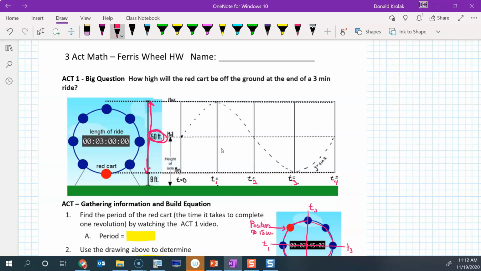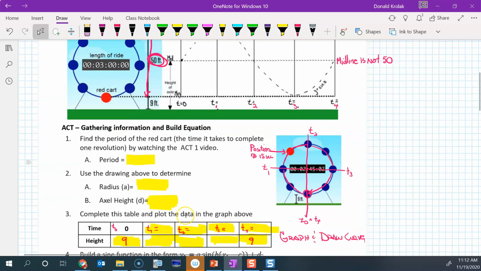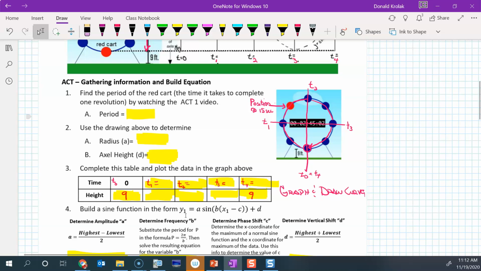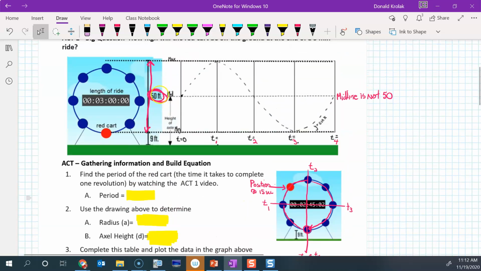This is the diameter. The midline is not 50. Was there a lot of questions for the midline? About 25. No. Okay, so yeah, I shouldn't have put that 50 right next to that idea.